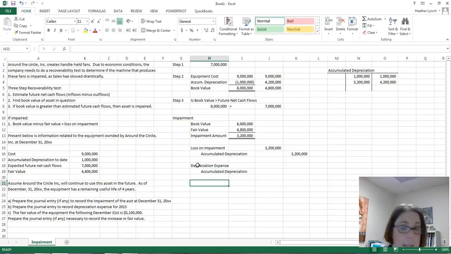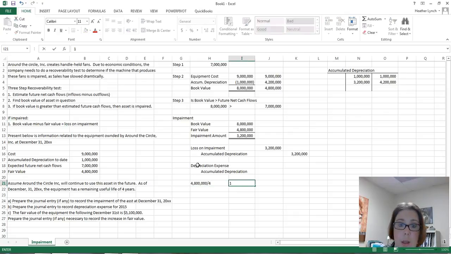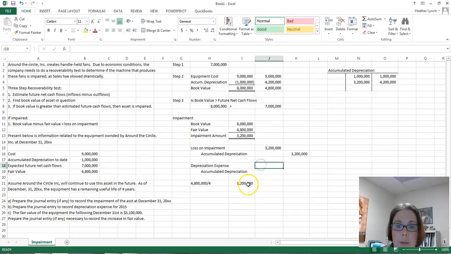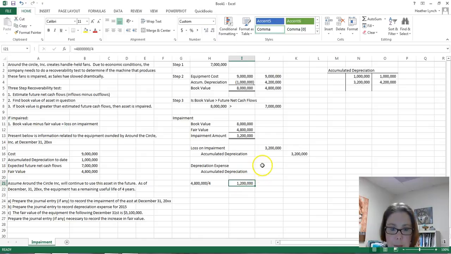So now we're going to be taking the $4.8 million and dividing it by the 4. You're going to get the amount of depreciation, and that will be the amounts there.